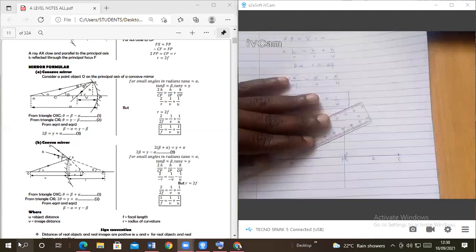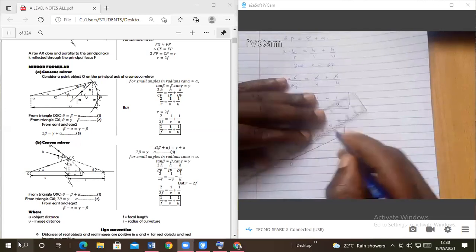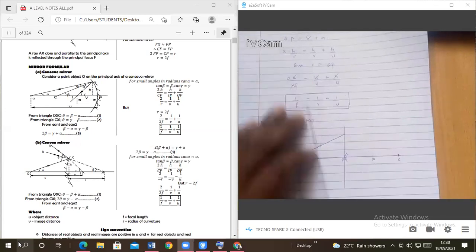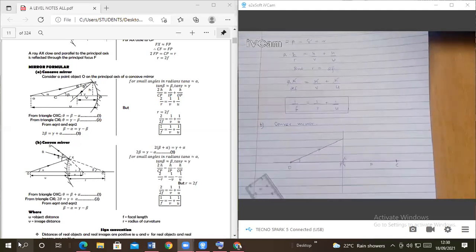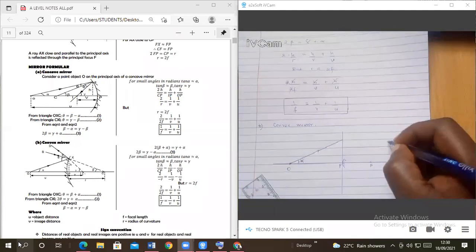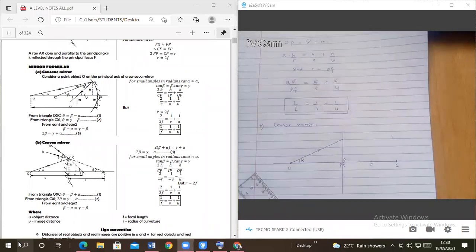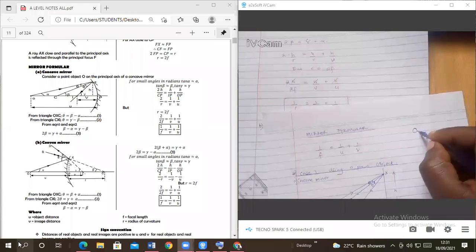So we shall have the first ray from the object to the pole, like that. And if this one makes an angle, which angle? We are going to use the angle alpha so that we don't create confusion. You see, alpha is like O. So you should have tricks of how to remember these things. Normally alpha is written like this.